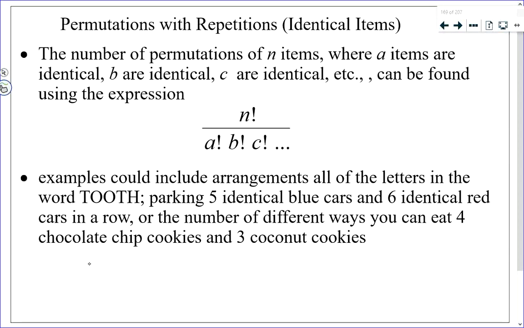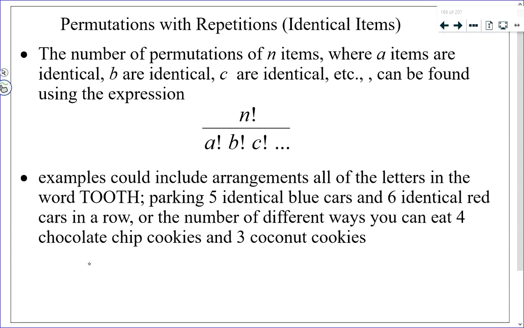So, for example, if I said, how many ways can you arrange all of the letters of the word tooth? There are 5 letters, so you would say it's 5 factorial. But then you would divide by 2 factorial because there are 2 t's, and you would also divide by 2 factorial because there are 2 o's.